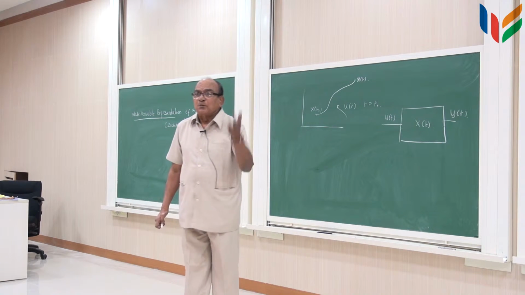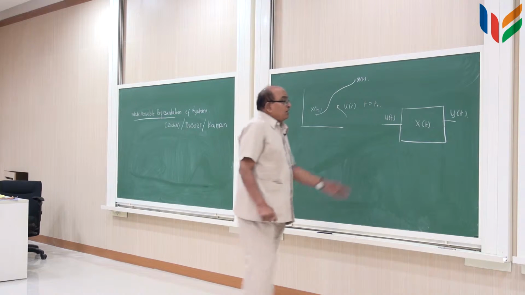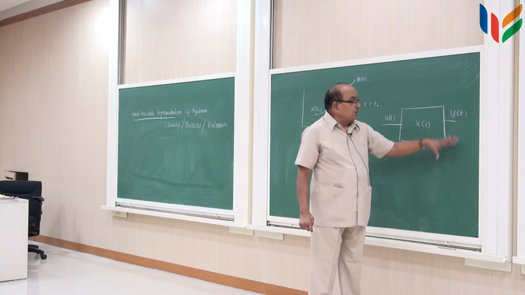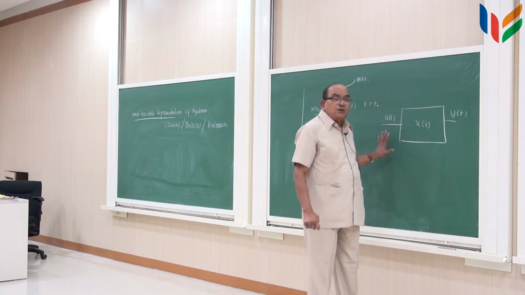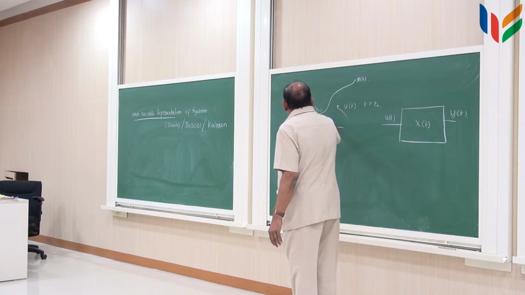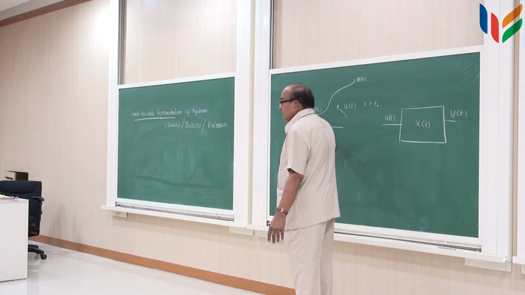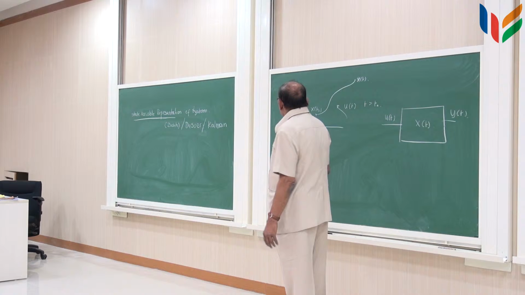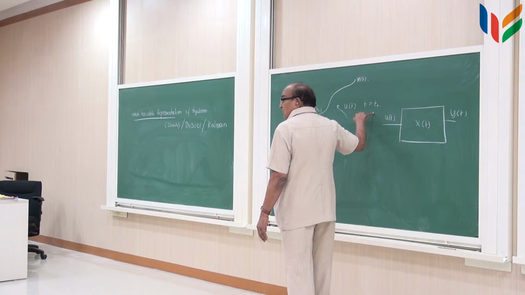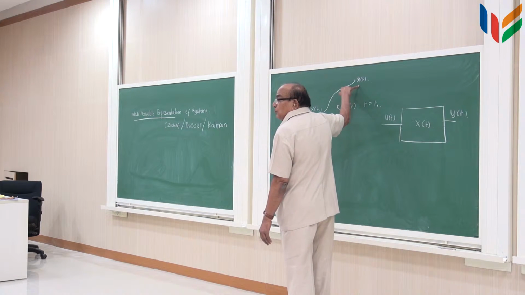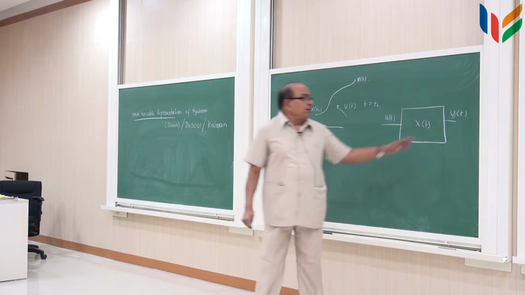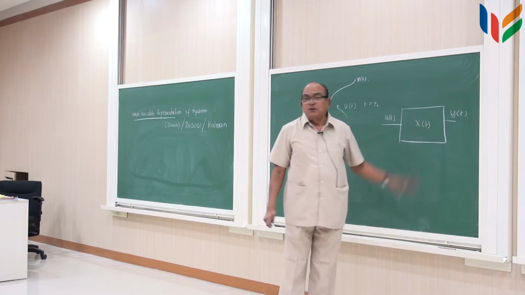It may not be one input, it may be multiple inputs, and you may also have multiple outputs y1, y2, y3, and all these constitute an output vector, and this constitutes an input vector, and this constitutes a state vector. The state vector I am representing graphically as 2-dimensional, but in general it is an n-dimensional state vector. So, given this x(t0), by knowing the inputs for t greater than t0, we know how the trajectory moves from here to here, and once I know x(t) at any time t, y(t) is uniquely decided from x(t).